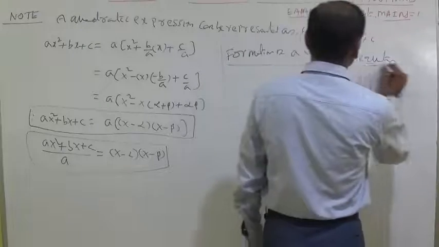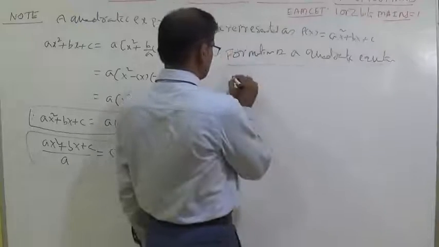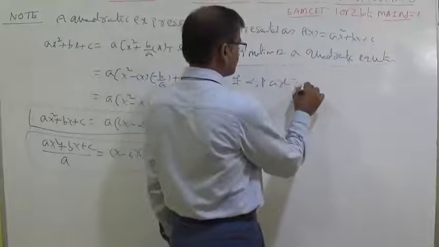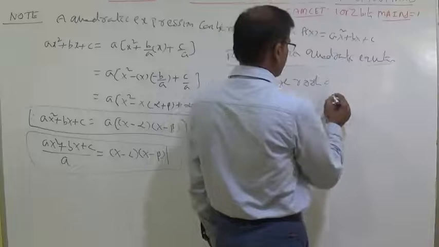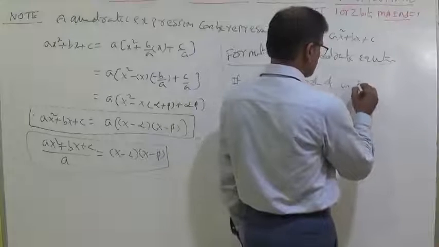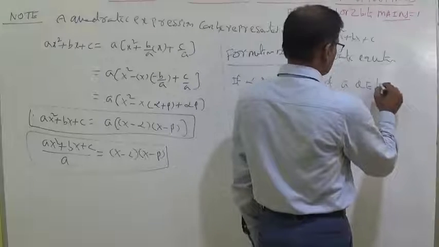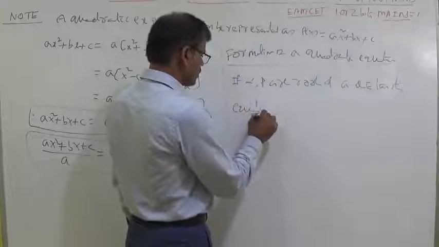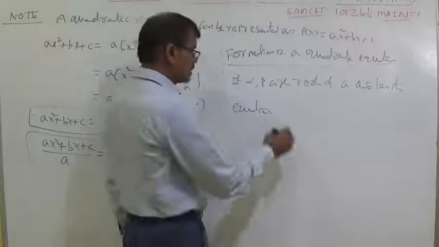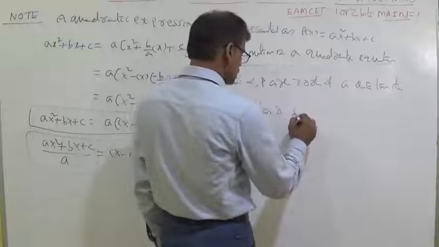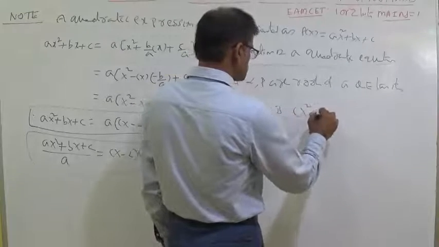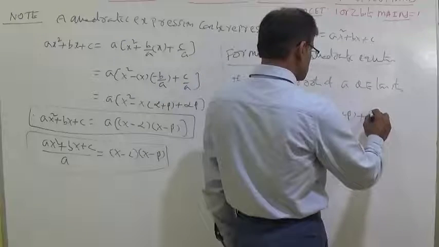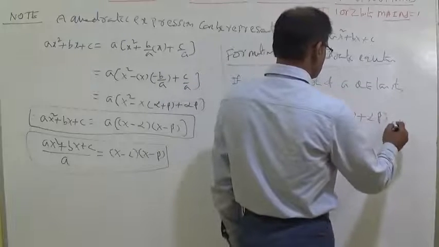If alpha comma beta are roots of a quadratic equation, then its equation is like this: x square minus x into (alpha plus beta) plus alpha beta equal to 0.